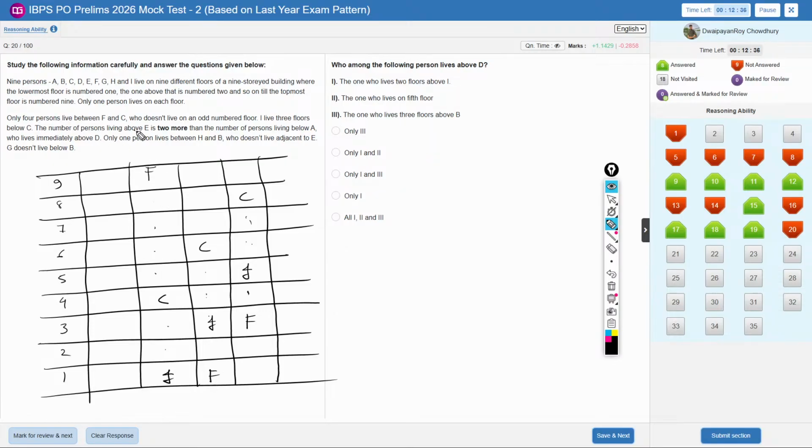The number of persons living above E is 2 more than the number of persons below A. Who lives immediately above D? Like that. Only 1 floor between H and B. H 1 floor B, who does not live adjacent to E. G does not live, so G lives above B. All right.